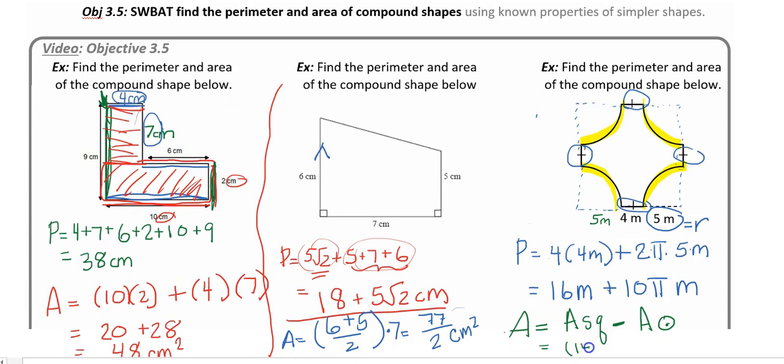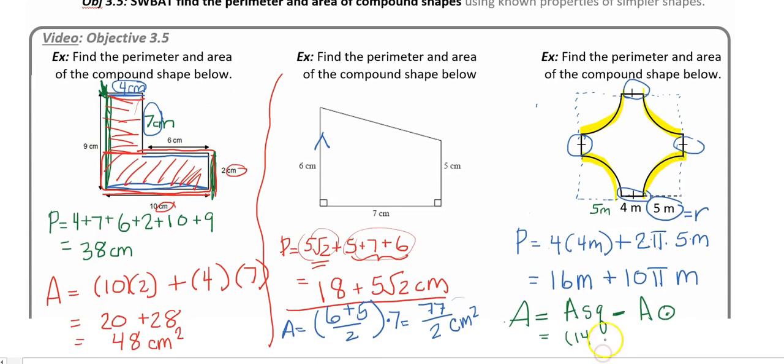And you know, when we find the area of a square, we take one of the sides and we just multiply it by itself. The area is 14 meters times 14 meters, basically base times height. The area of a square is the side length squared, minus the area of the circle, which is pi times radius squared. Well, the radius is 5 meters, and we have to square it.